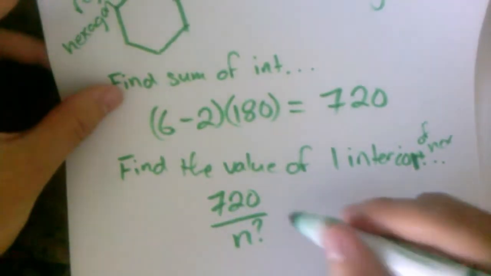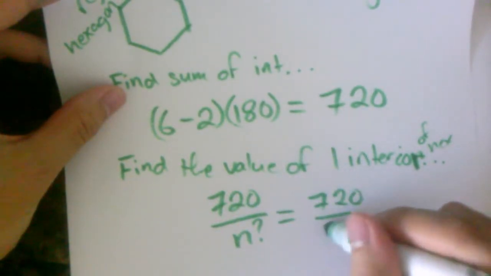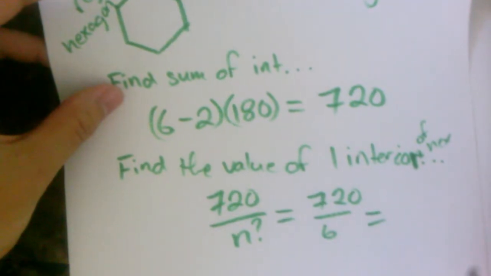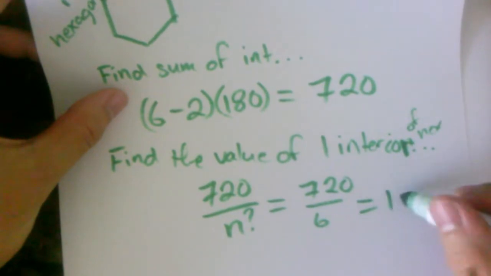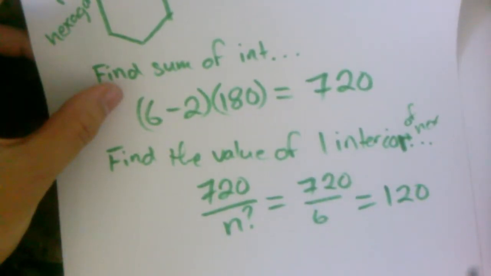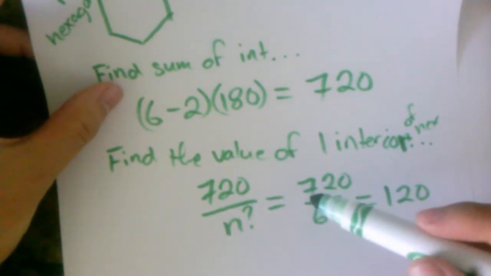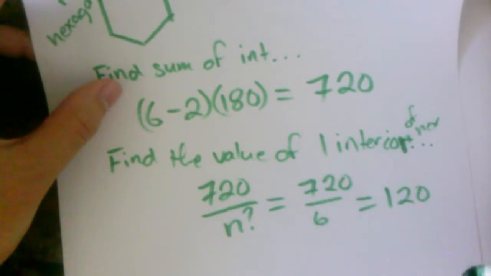How many sides are in a hexagon? Again, there are 6, so it's just 720 divided by 6. So what you'll find is that the value of one interior angle is 120. Again, I just typed into a calculator 720 divided by 6, and you'll get 120.